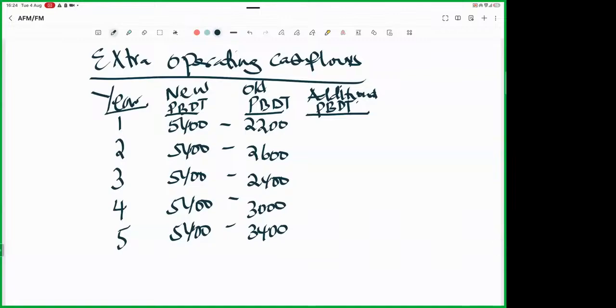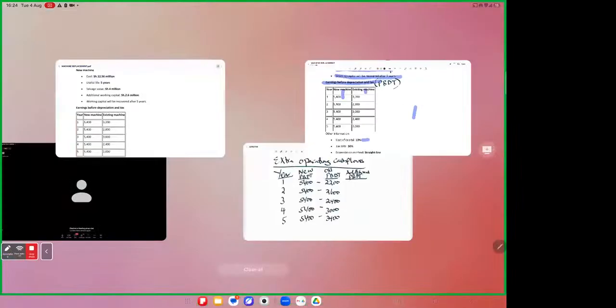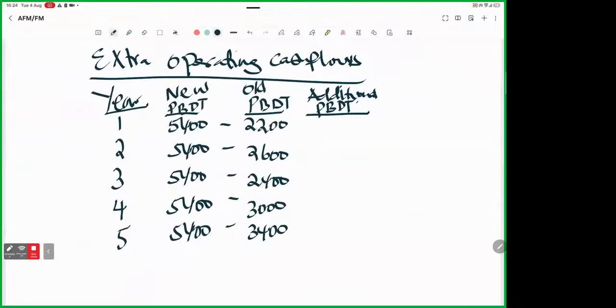Oh, mine is different. Where am I getting these figures from? 5,400, 3,200, 2,800, 3,000, 2,400, 2,000. So my figures are different. Where am I reading them from? Your old is wrong. The first one should be 3,200.